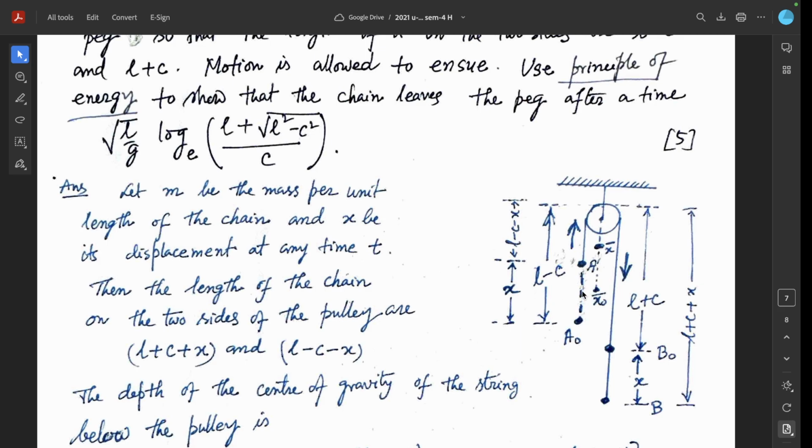This displacement x at any time t, initially at t equal to 0, this chain is at its initial position. At time t, this side has an upward displacement and this side has a downward displacement. So this distance is x, and this distance is also x.